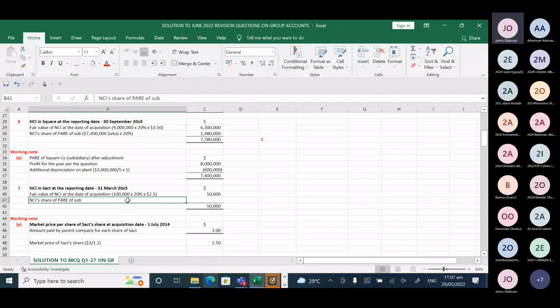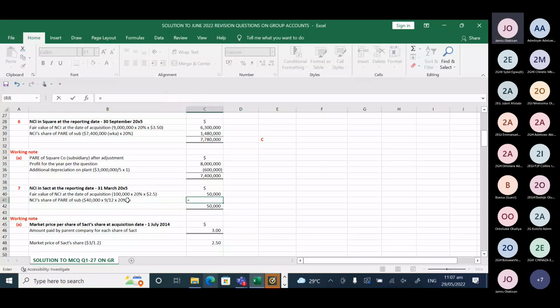Then the next thing is the unrealized profit for the year that we saw there. I remember it is 40,000, right? Times 9 over 12, and times 20%.